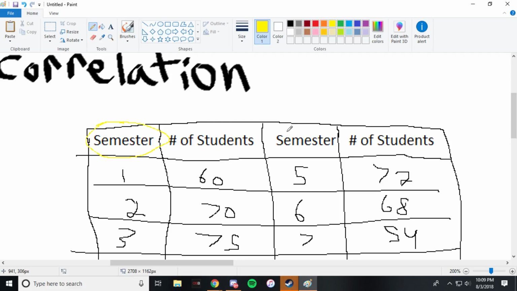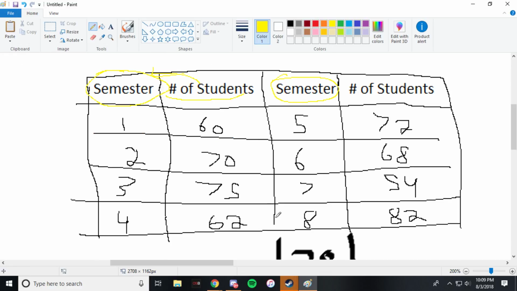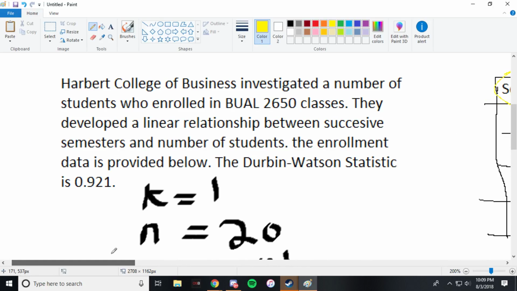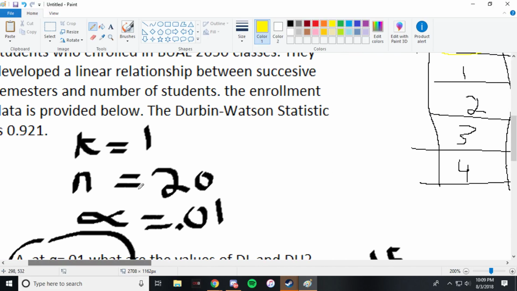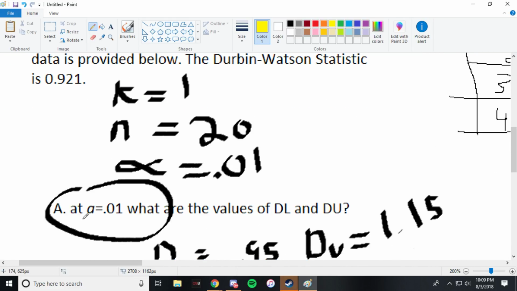Our semester is the independent variable because the number of students is dependent on the semester. So K is 1. Assuming the data points go all the way to 20, we will have N equals 20. And in our first question, it says assume an alpha level of 0.01, so that will be our alpha.